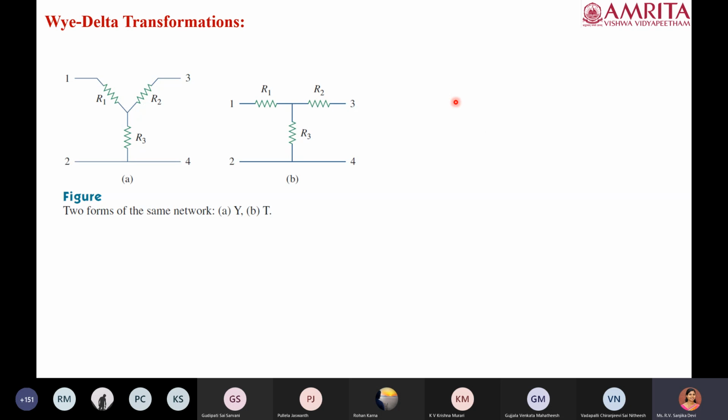In that case, by using some transformation technique, we can easily simplify the circuit. It has been found that two types of configurations are quite popular in most networks. We will see first what that type of configuration is, and then how to transform from one into the other.